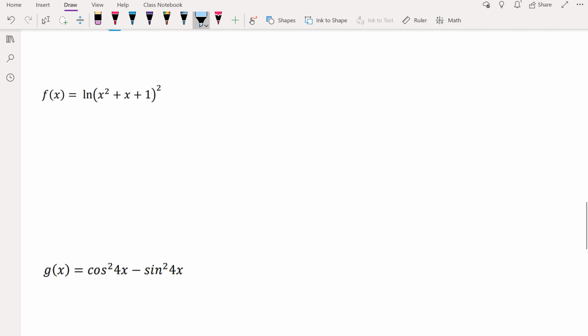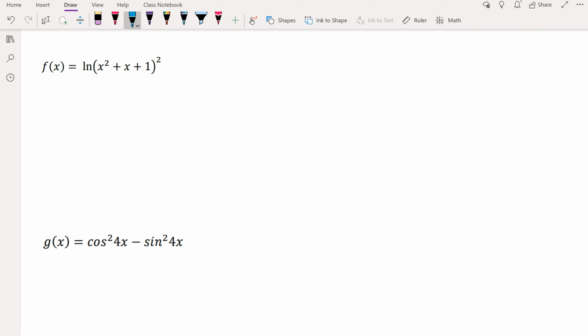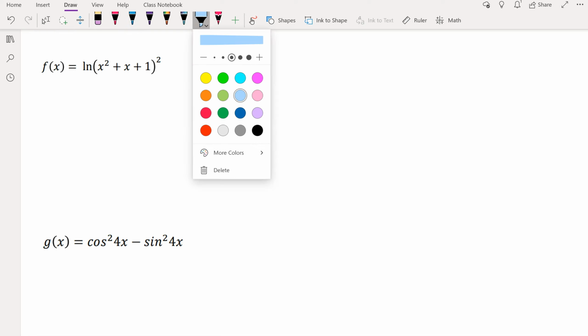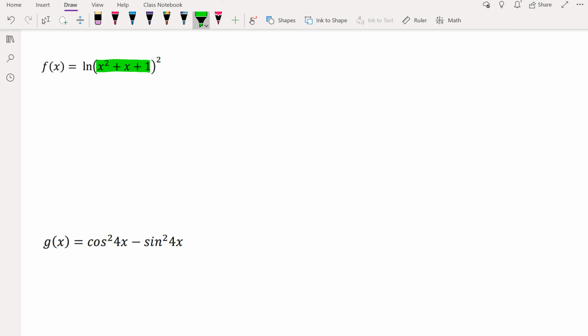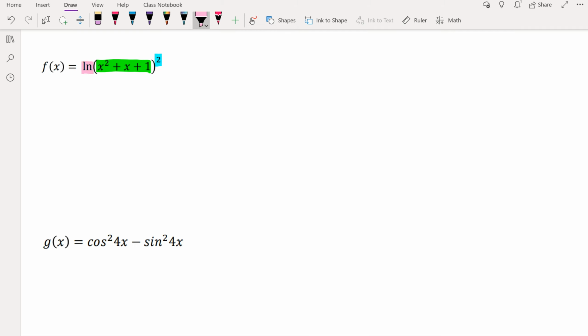Let's try a couple more examples. We have just 2 more. Oh, 3 more. All right, we're going to go fast now because you've seen, I think, enough. Okay, here we go. I'm going to very quickly define the inside function, then we have the second most inside function, the square, and then we have a third most inside function right here, natural log.